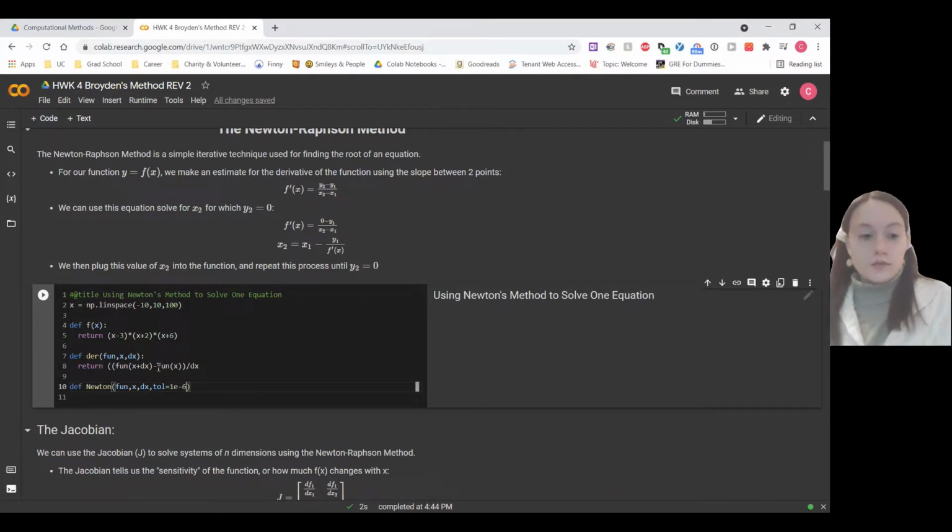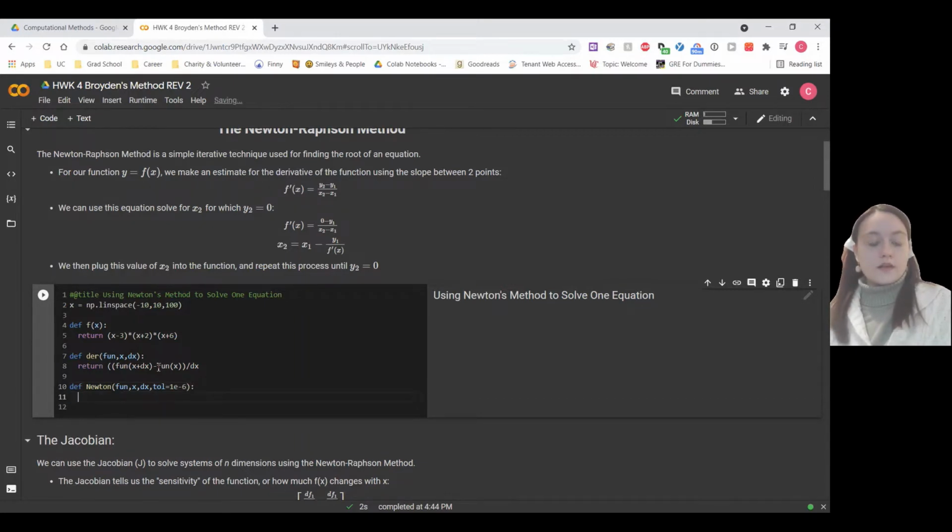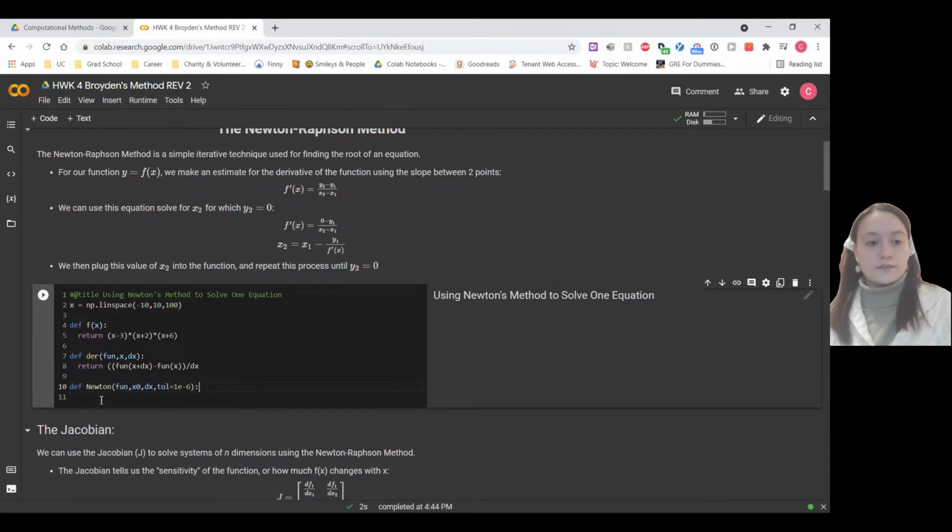So as long as we're within 1 times 10 to the negative 6 of 0, we'll say that's close enough to be acceptable. So this is our initial guess for x.